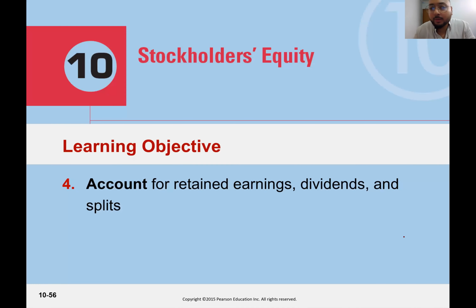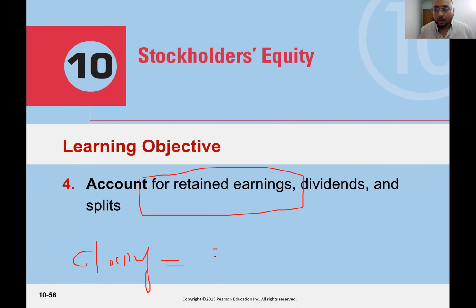Now our last learning objective is how we account for retained earnings. So what is the formula for retained earnings? Closing retained earning is equal to opening retained earning plus net income minus dividend.